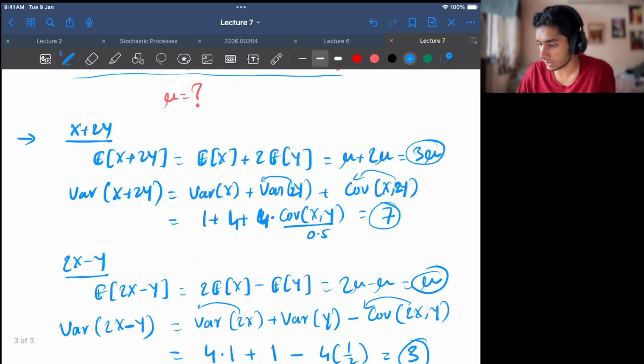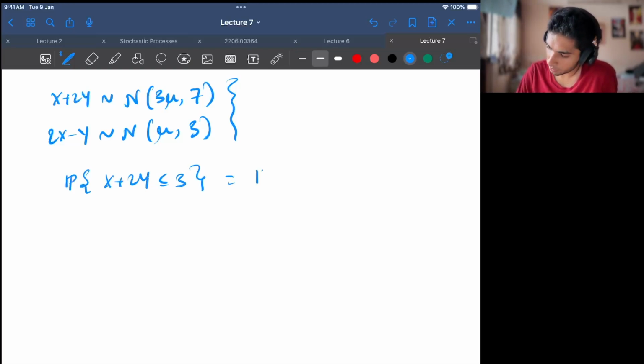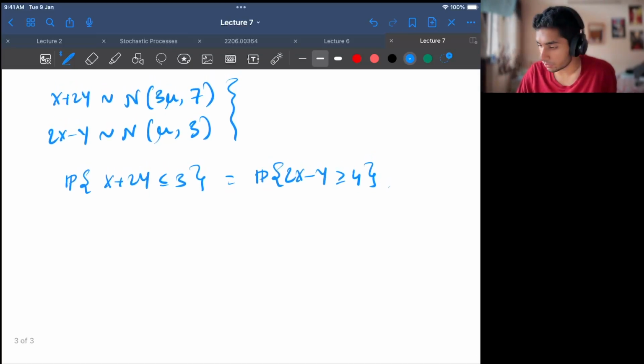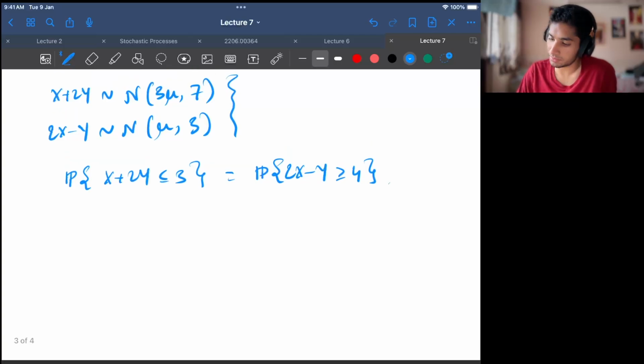This is given to us, right? We are given that probability of x plus 2y less than equal to 3 is equal to probability of 2x minus y greater than equal to 4. Okay, so what do we do about it? One thing is you calculate this probability.